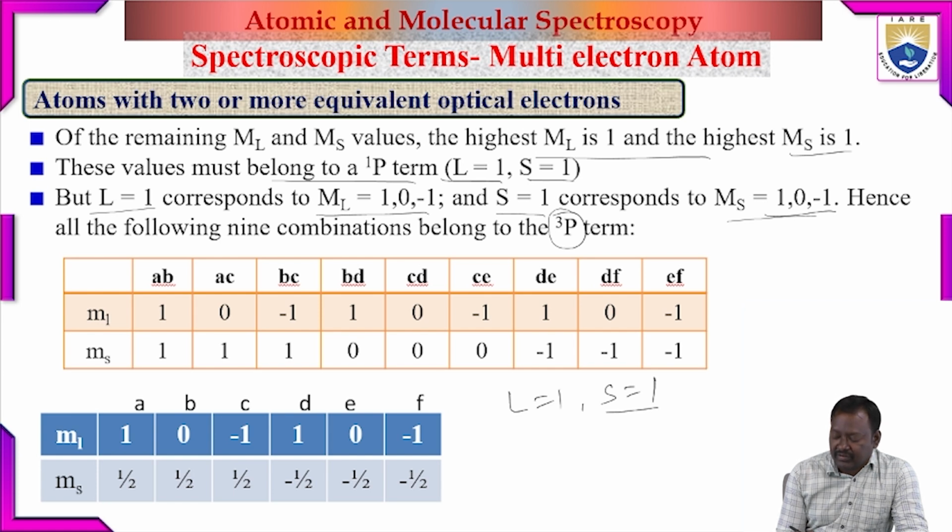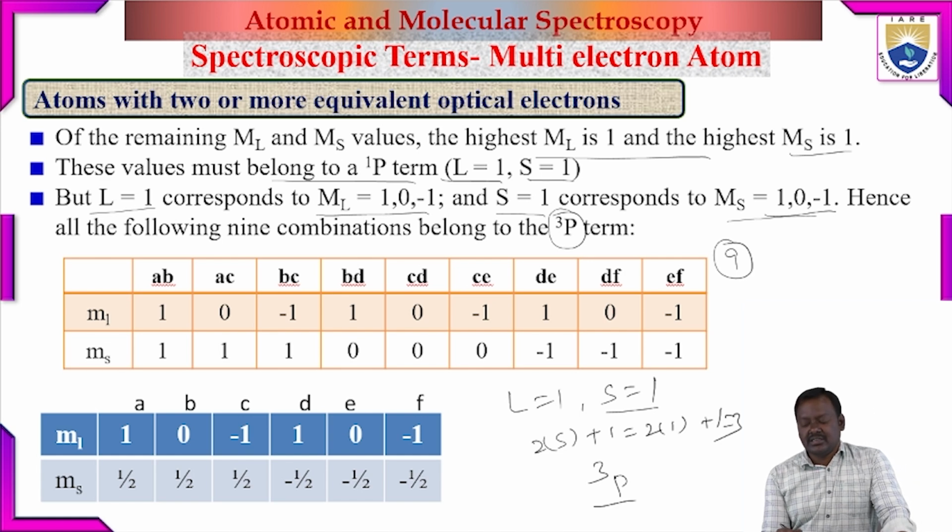As S equal to 1, the multiplicity 2S plus 1 means 2 into 1 plus 1, that equals 3, and as L equal to 1, that indicates the term P. So 3 is the multiplicity, P is the term, 3P is the term for all those states of electrons. And there are 1, 2, 3, 4, 5, 6, 7, 8, 9 combinations forming this 3P term.